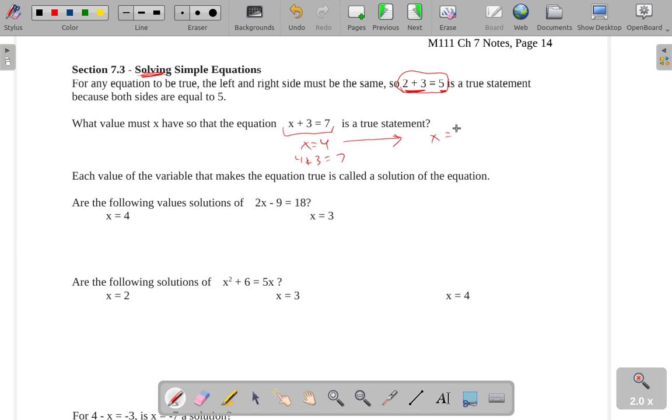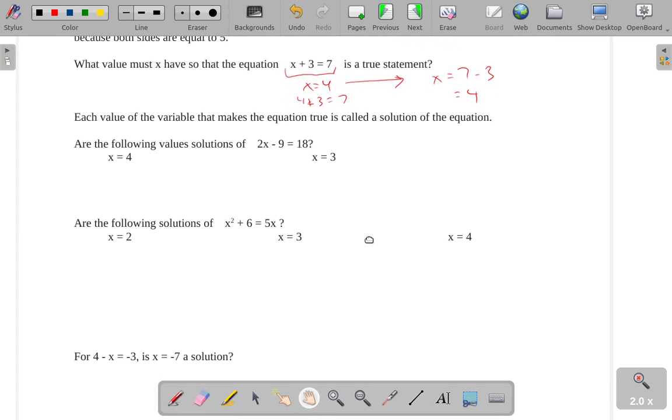You said x is equal to 7 minus 3, which is, of course, that 4 that we just got. So what we're doing is we're using an inverse operation. And what we end up seeing is that addition and subtraction are inverses, and multiplication and division are inverses.